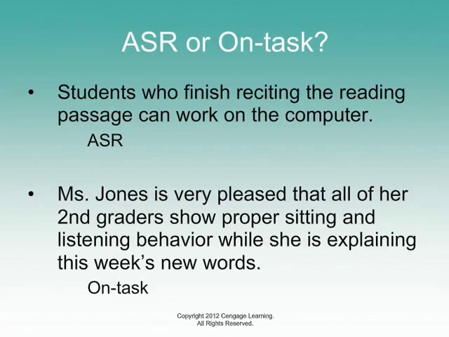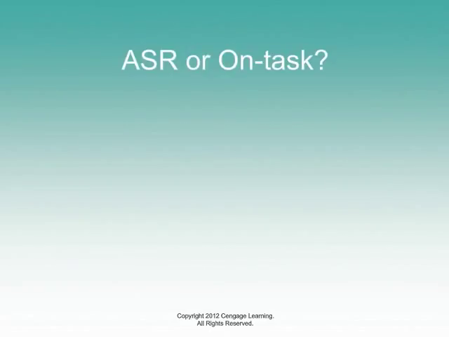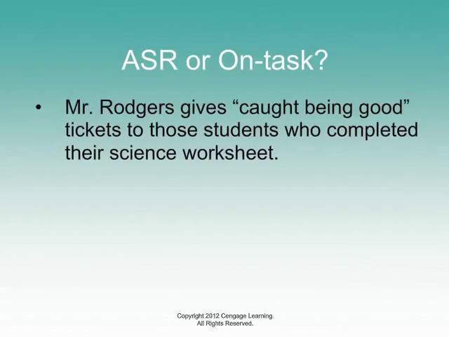The students are not making an observable response to the curriculum. They're simply sitting appropriately. Last one, Mr. Rogers gives Caught Being Good tickets to those students who completed their science worksheets. Active student responding.